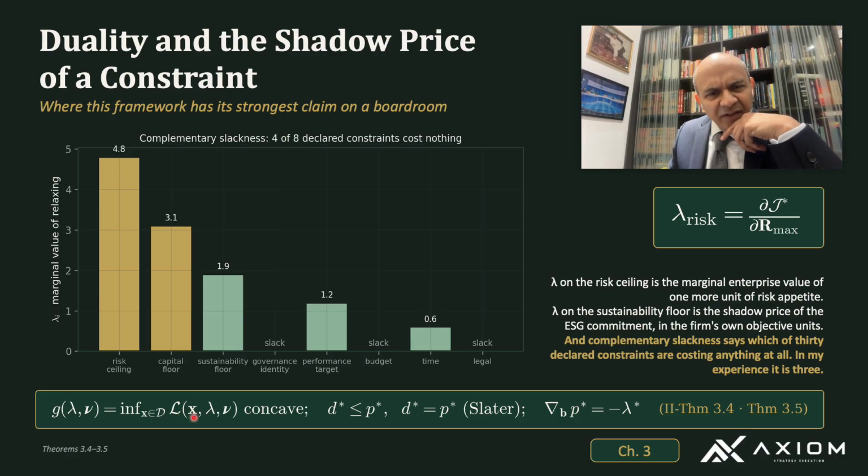It's concave in the multipliers lambda and v. The dual problem asks what bound on the original optimization problem is implied by a given set of constraint prices.